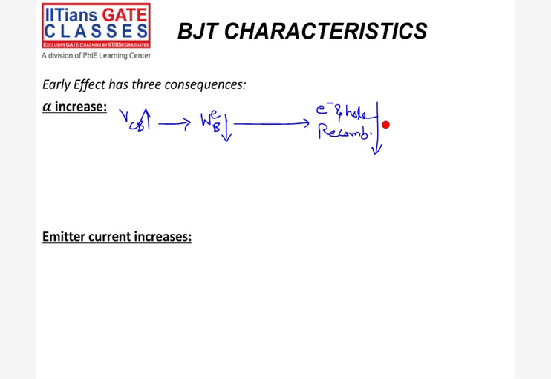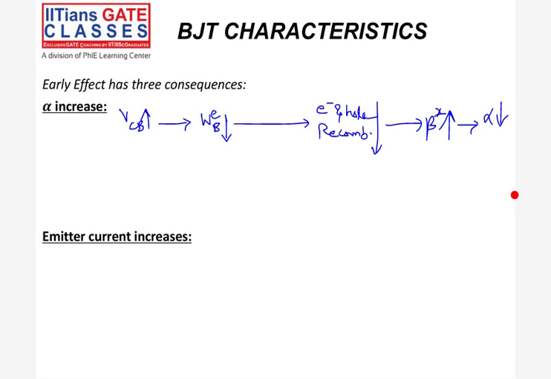This recombination reduces, then what will happen? Our beta, that is called beta star, I'll say now, that beta star will get increased. If it increases, what will happen? My alpha, that is this, will get decreased.